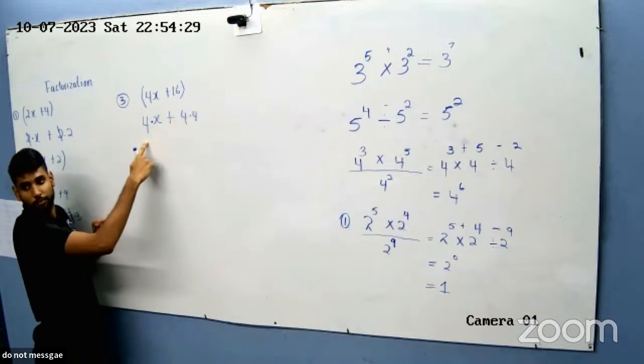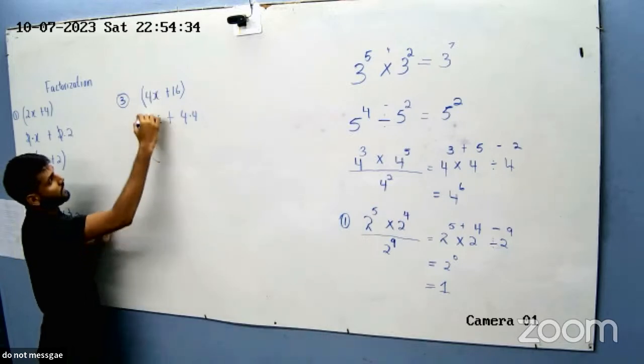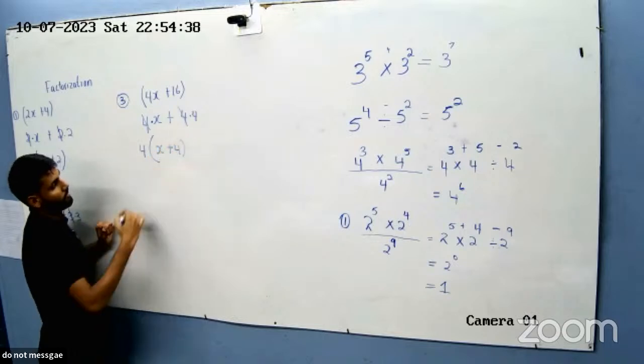What is common here? 4, right? So you write that outside. And we remain with x plus 4.